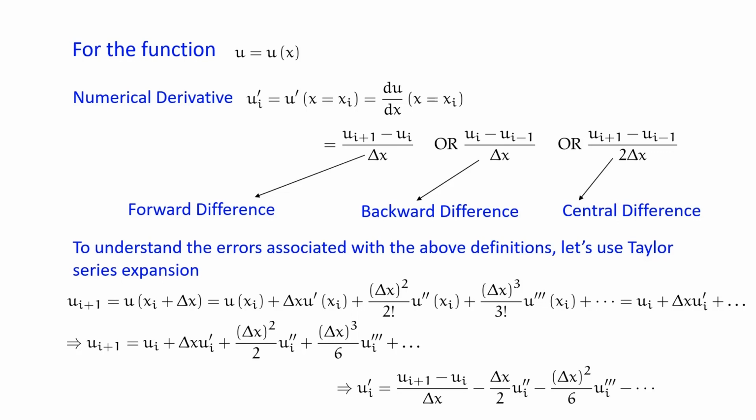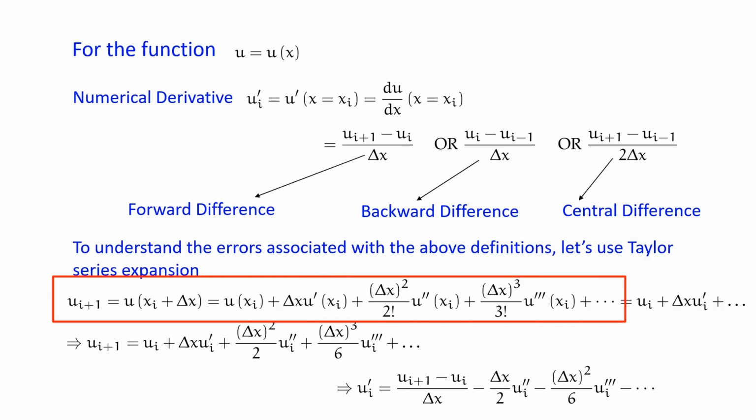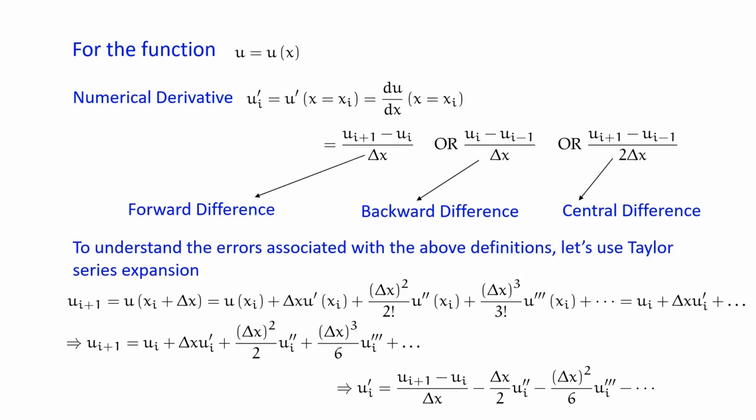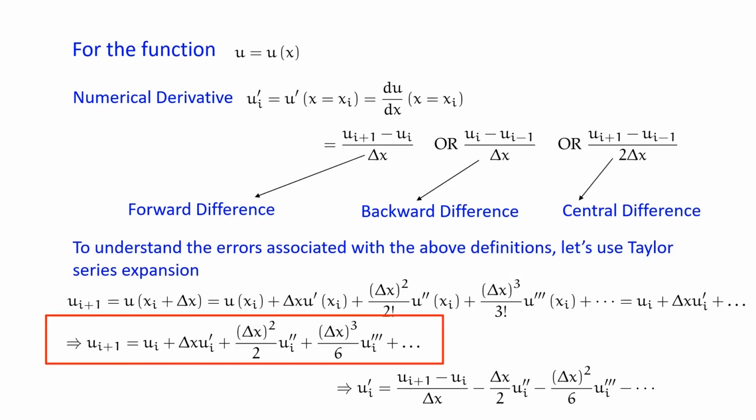So u i plus 1 equals u at x i plus delta x, and if we express it in terms of Taylor series, then it becomes u at x i plus delta x u prime x i plus delta x square by 2 factorial u double prime x i, etc. And we can write this as u i plus 1 equals u i plus delta x u i prime plus delta x square by 2 u i double prime, etc.